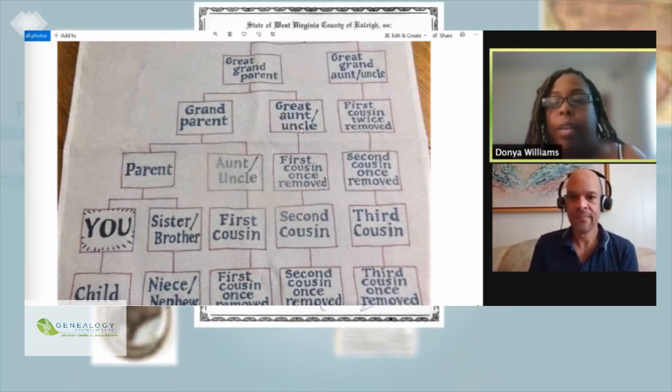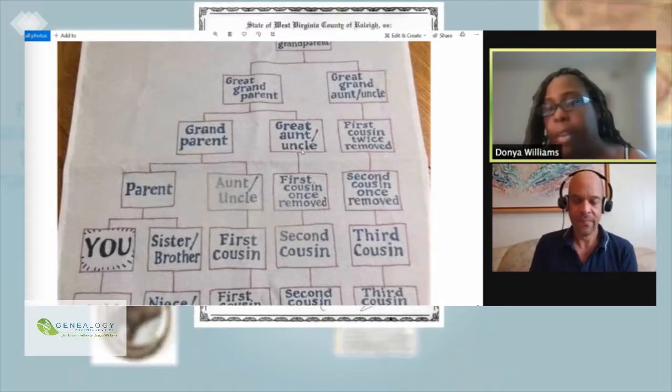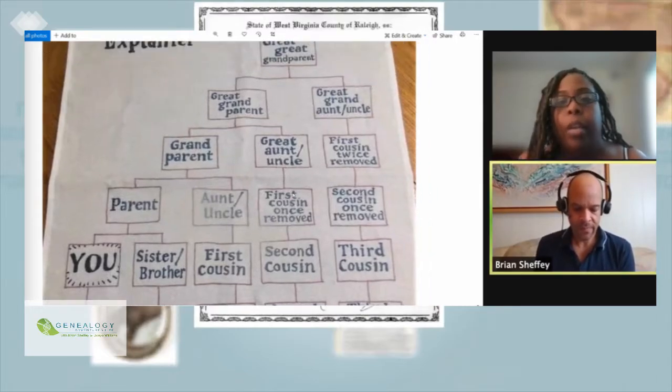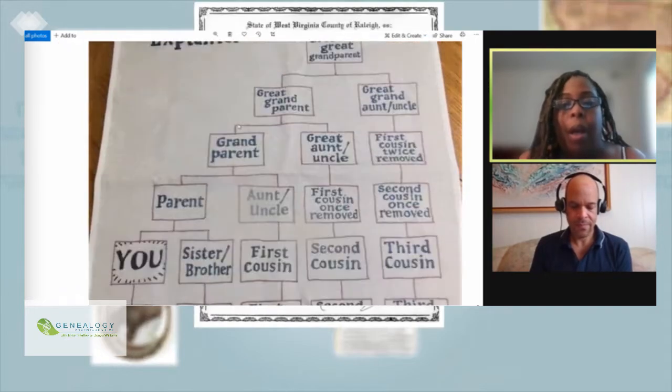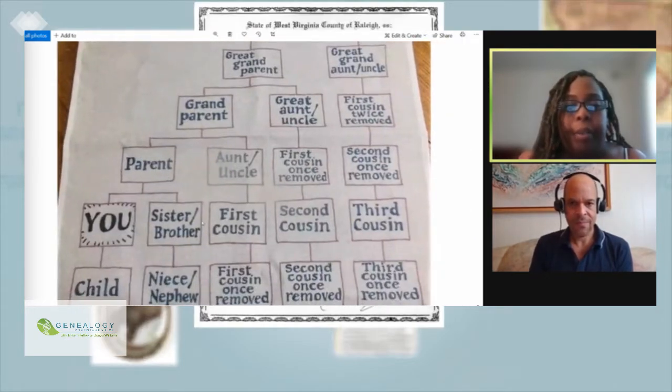Okay, so here's the thing. What was her name? Keela Tibbs. Okay, so looking at the cousin explainer again. You've got parent, grandparent, great grandparent, and great great grandparent. Under here, this is your line of first cousins and where they connect underneath the grandparent.